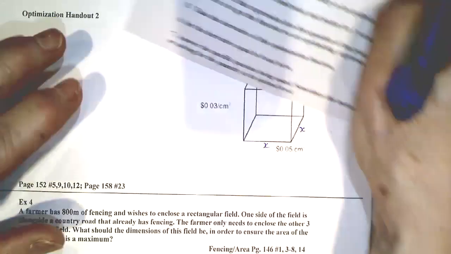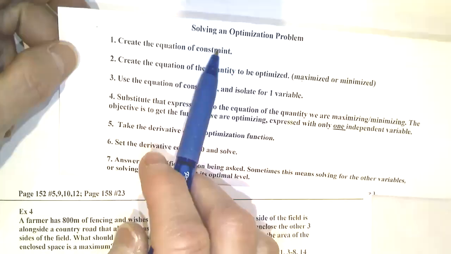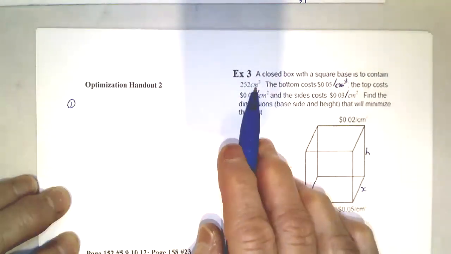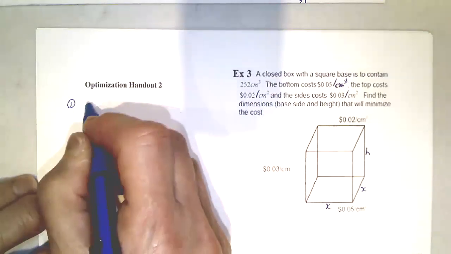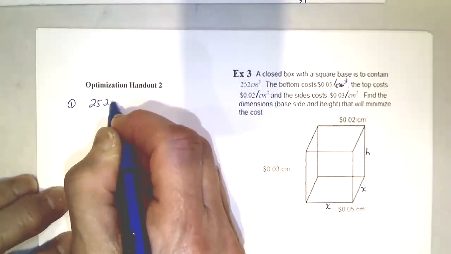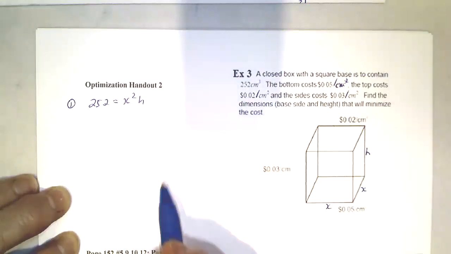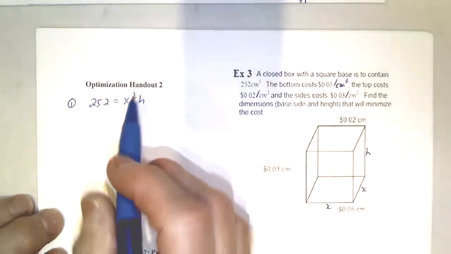I will begin by creating the equation of constraint and then the equation that we're minimizing. So the equation of constraint is a volume, and the formula for volume, 252, is x squared h, length times width times height. That's my equation of constraint.